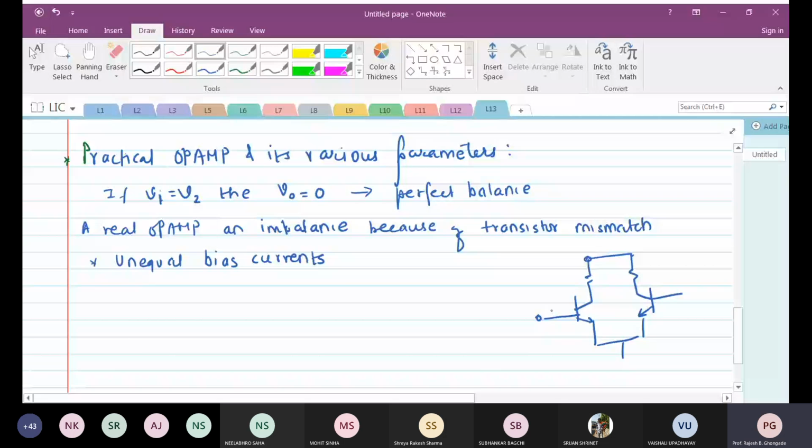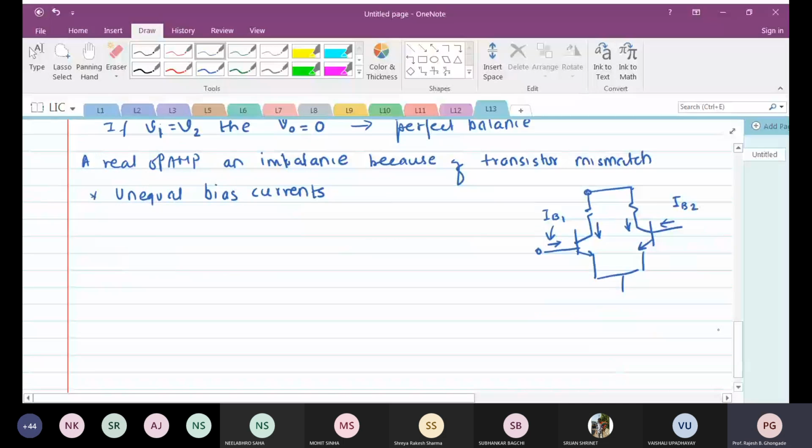These are the biasing currents, or maybe even these are also the biasing currents. So IC1 and IC2 may not be exactly equal, and since they are not exactly equal, IB1 and IB2, which we were assuming to be equal, are also unequal.